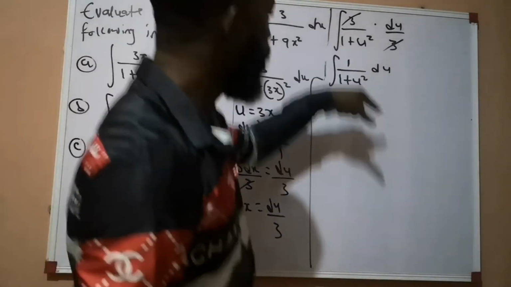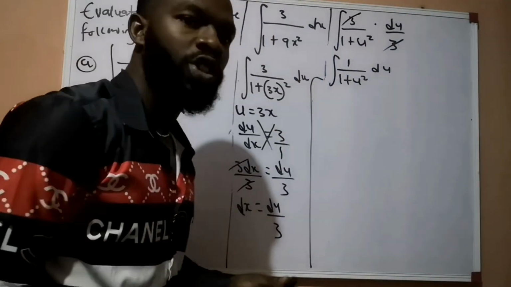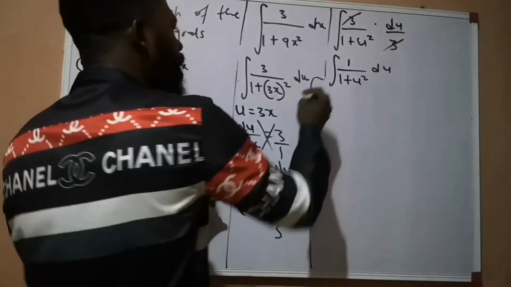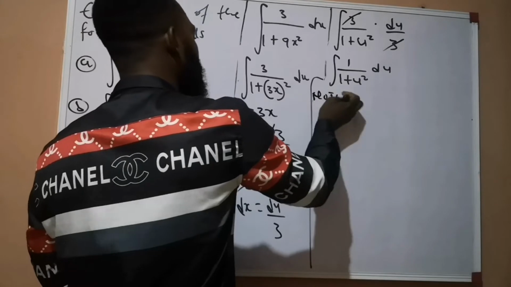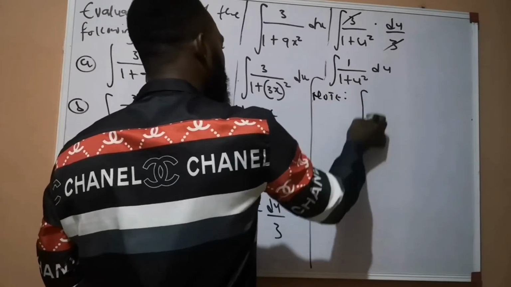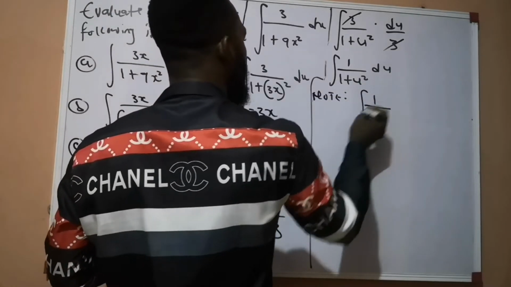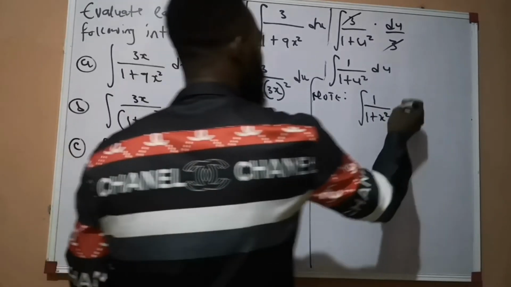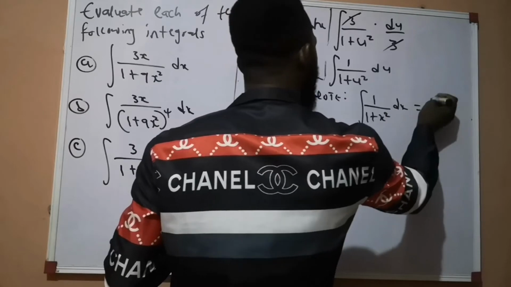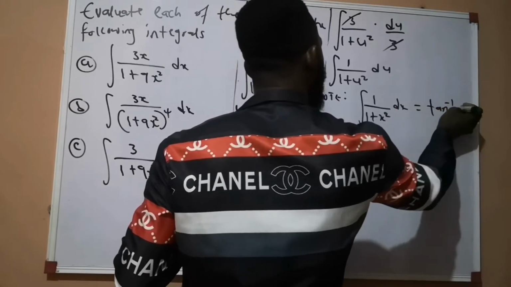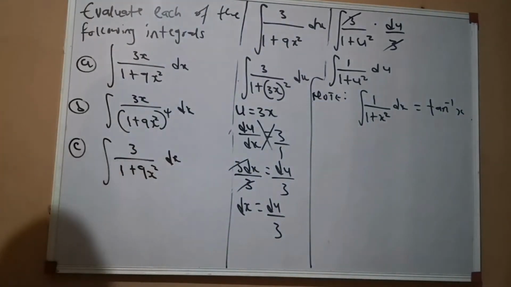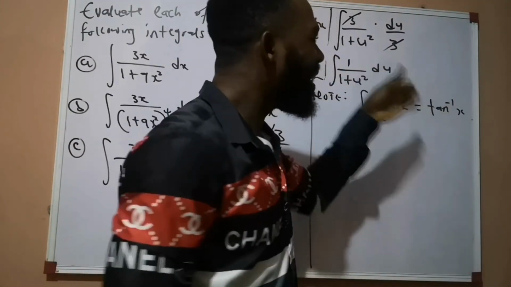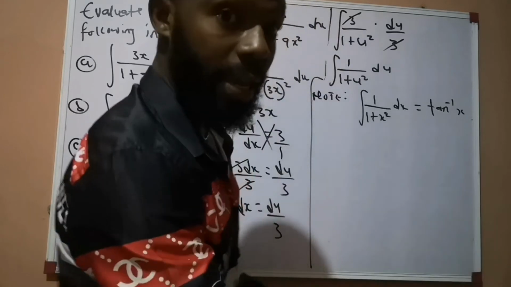Now, from this point, I have to introduce you to the concept of inverse of tan. If we integrate 1 over 1 plus x squared dx, we will get the inverse of tan x plus k.